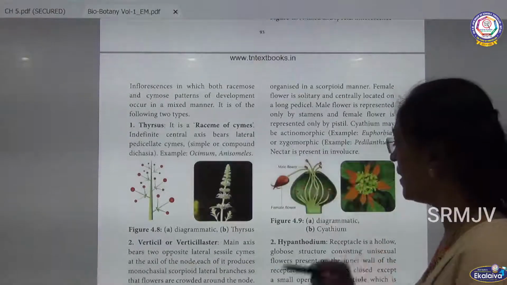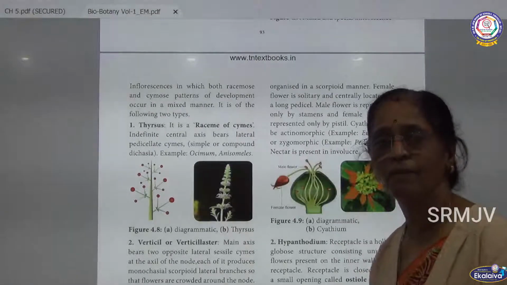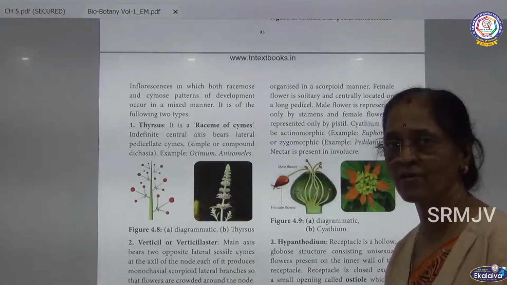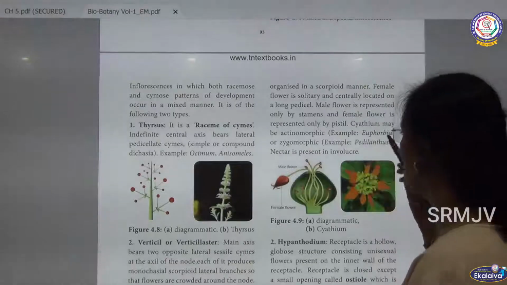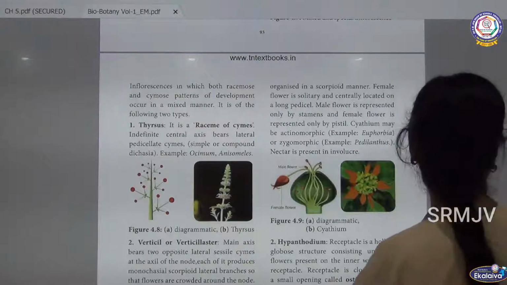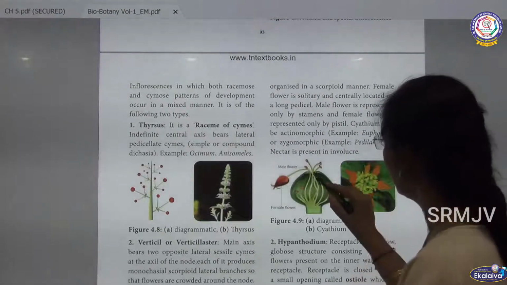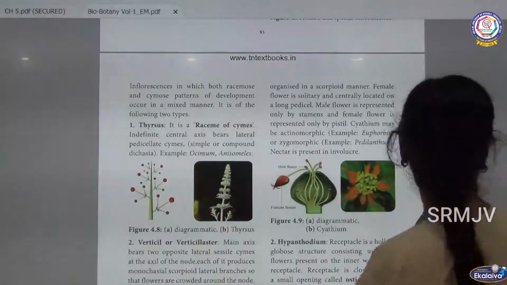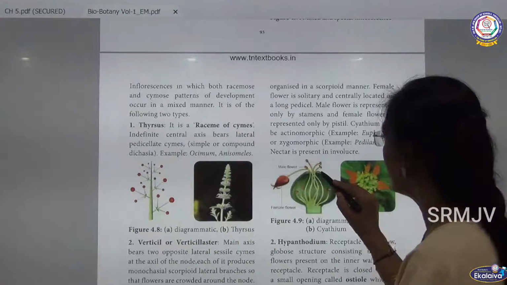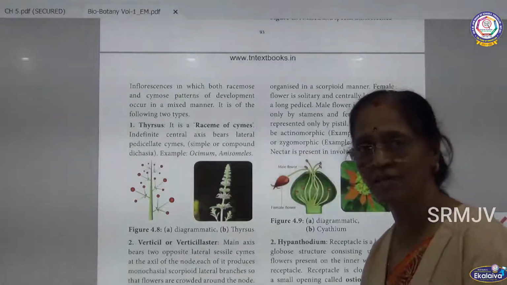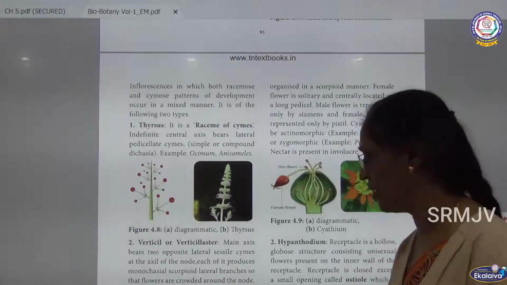This is what we call cyathium. It is a special type of inflorescence we see in the Euphorbiaceae family. You will find nectar also in this. The nectar is present in the involucre, so that insects are attracted towards this flower for pollination.